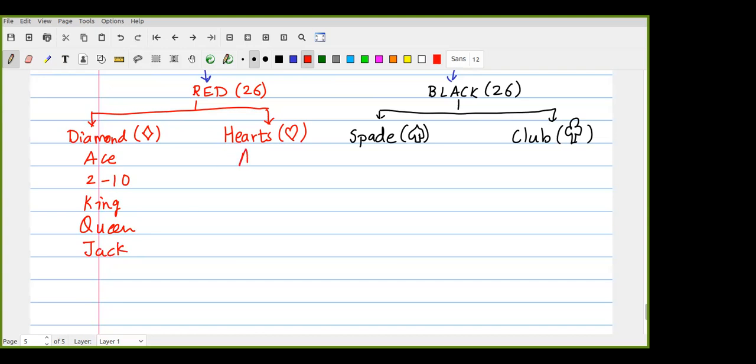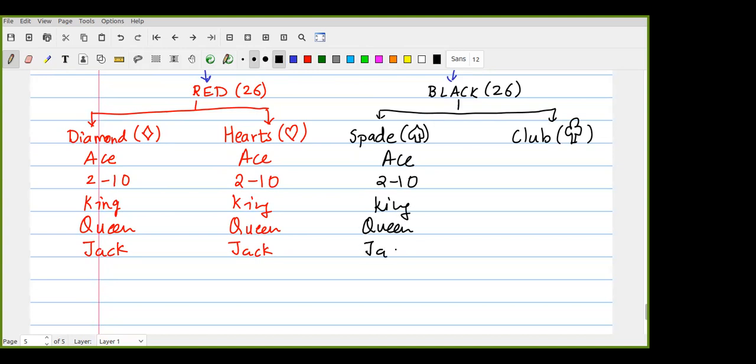Similarly in each suit we have ace, numbers 2 to 10, king, queen, jack.